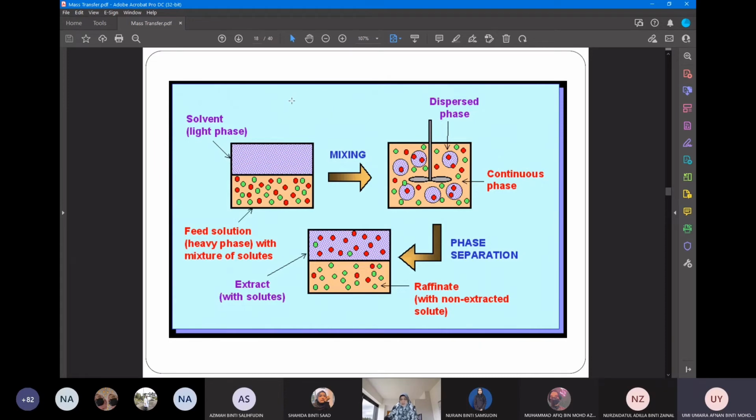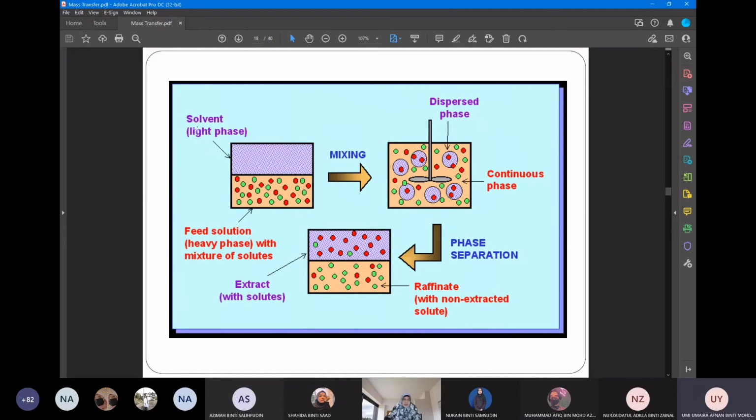This one will be explained further in the chapter on liquid extraction, but this is to explain a little bit of what you have to understand before you learn that particular chapter, because everyone will face the same situation where you have to go to the lab to do the experiment on a certain topic before you learn that topic in class. So at least you understand a little bit regarding that.